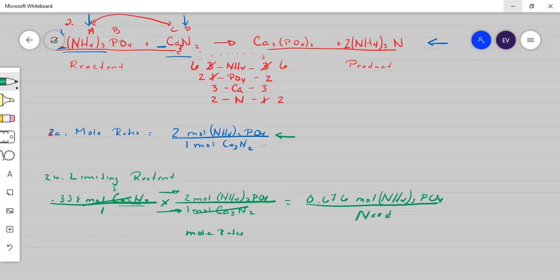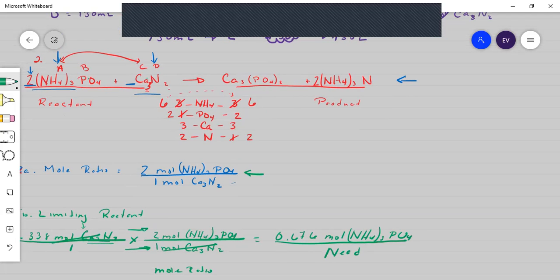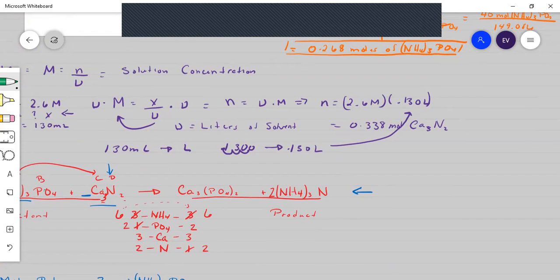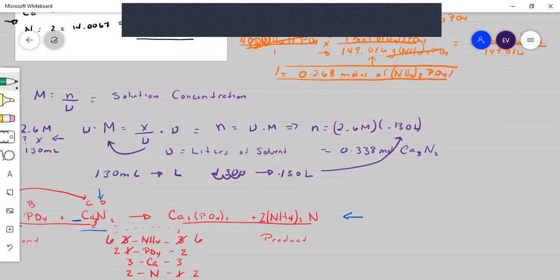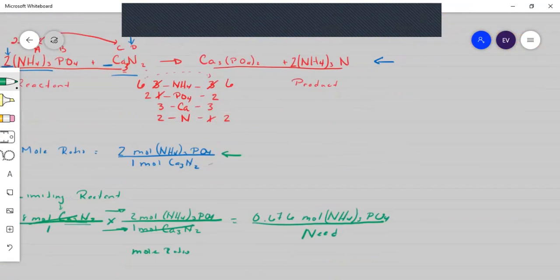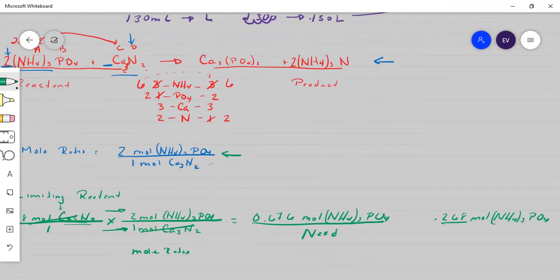What I've got to do now is figure out how much I have. So remember, guys, that we actually calculated this amount, 0.268 moles of ammonium phosphate. This is how much ammonium phosphate we actually have. So then you've got to ask yourself, do I have more or do I have less than what I need?